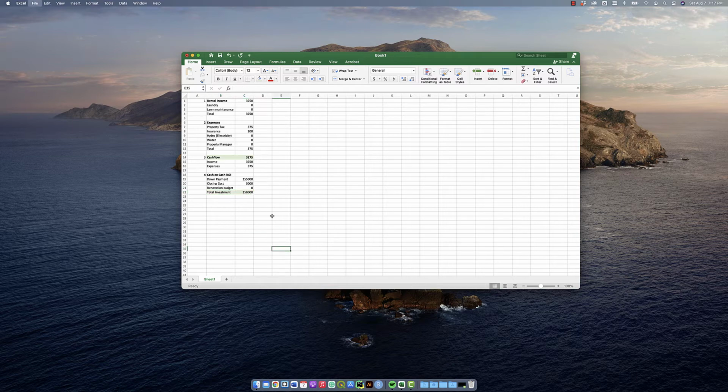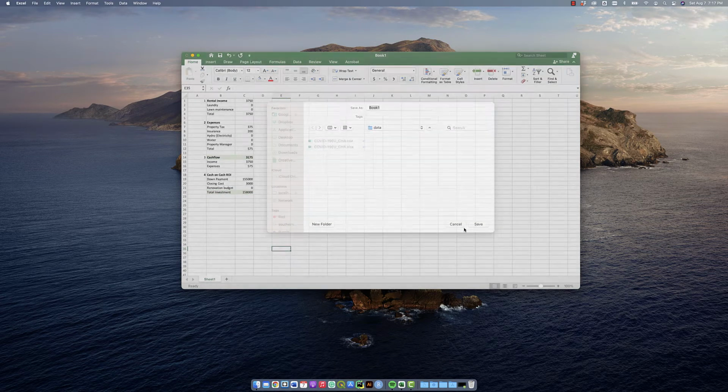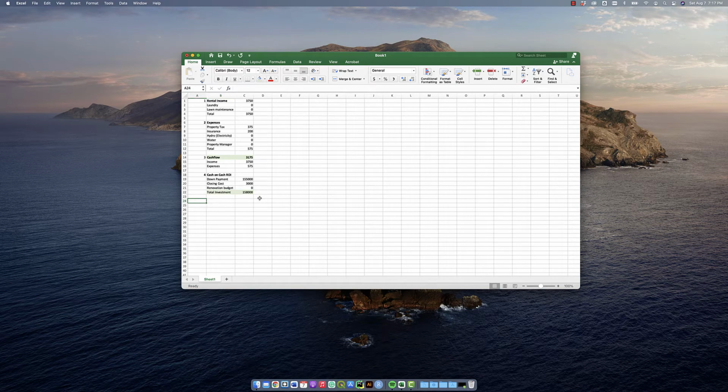So with these two values, the annual cash flow and the total investment, I can now make my calculations for the cash on cash return of investment. Cash on cash ROI. How do I do that? I take the annual cash flow that I calculated, which is about 3,175, and the total investment that I did, which is 158,000.